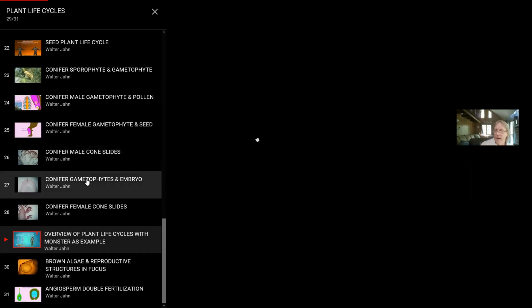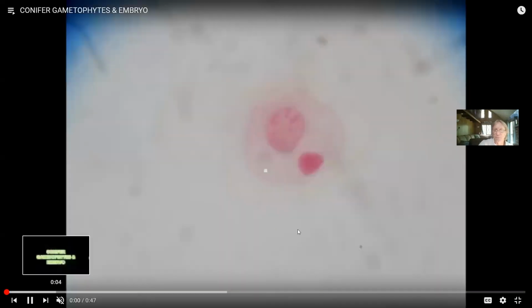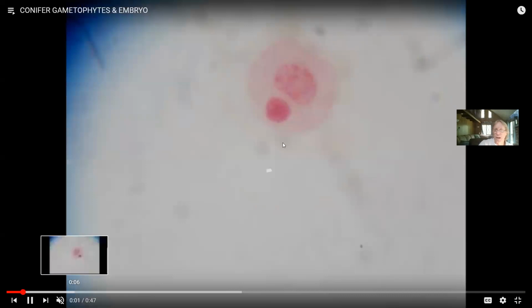Now that female gametophyte will have a space, a micropyle, through which the pollen tubes can grow. And if you were to look at pollen and allow it to germinate, you'll see the pollen tubes forming. Okay, there you can see a pollen tube. So here you can see pollen tubes.